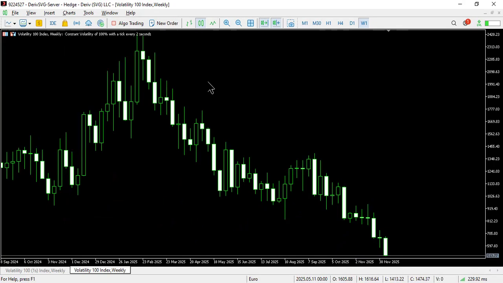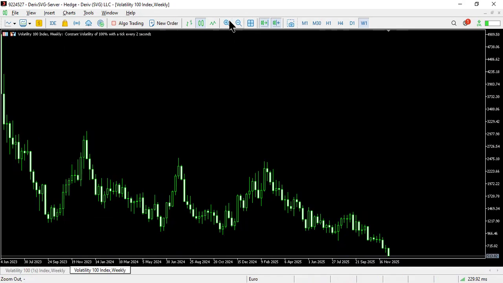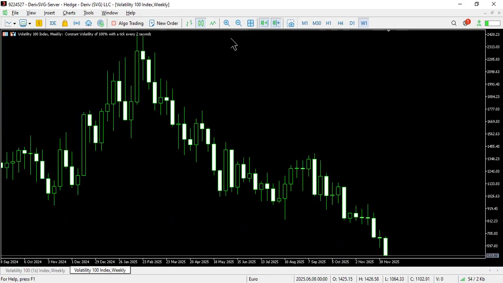From the weekly time frame, we just want to determine our bias. As you can see, price is bearish as we are forming lower lows and lower highs. So our bias is bearish on VIX 100, and we'll be looking for selling opportunities.